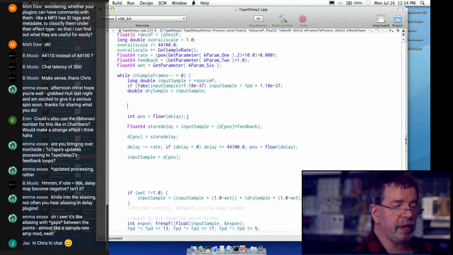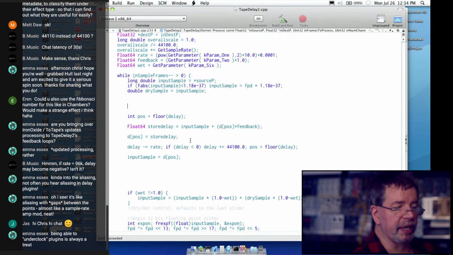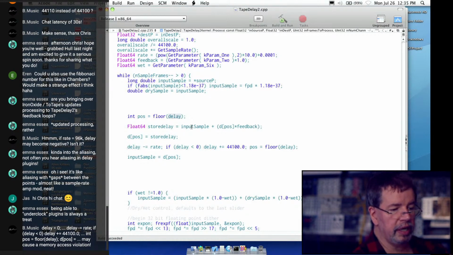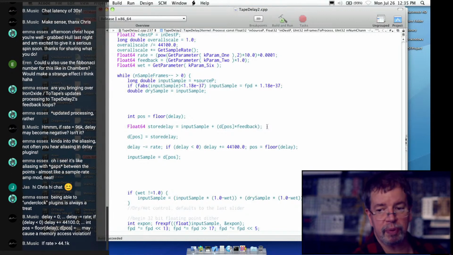So what we need to do here is previous position is where we were last. Then we're incrementing it. So delay is one figure here. And we're storing input sample plus our feedback. And we don't actually have to have the feedback as far as thinking about this, but it'll be a thing.